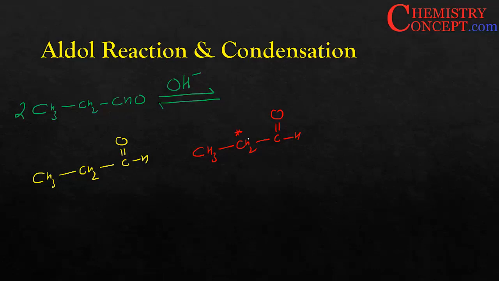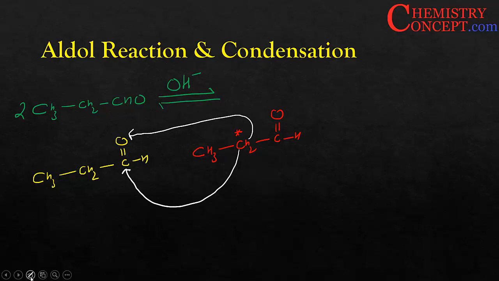One of the alpha hydrogens goes to oxygen, and the entire molecule with that particular carbon goes to the carbonyl carbon of the other molecule. The product is CH3CH2CHOH CH(CH3)CHO. Okay, that's it.